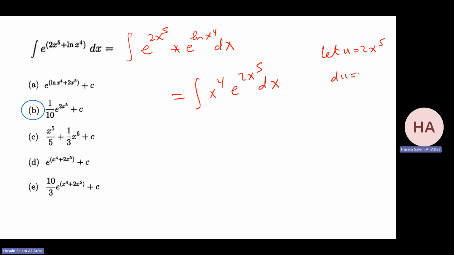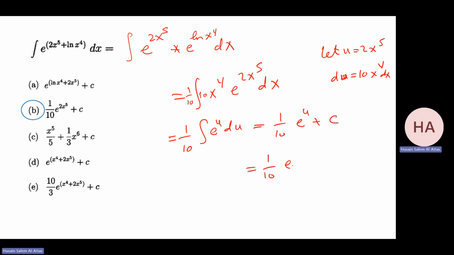What will be du? 10 x to the power 4 dx. So I need 10 here and 1 over 10 here. That will be 1 over 10 integral of e to the u du, which is 1 over 10 e to the u plus c, which is 1 over 10 e to the 2x to the power 5 plus c.